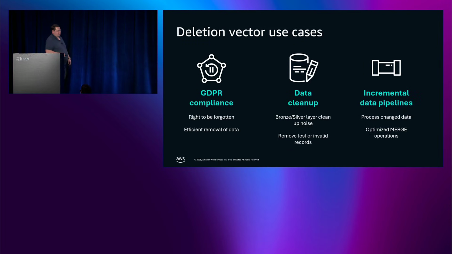And then the last one is incremental data pipelines. So if you're running merge statements in your data pipelines, you have a potential to be doing, again, more of those random write type of operations. And here's where deletion vectors can play very nicely with merge operations.